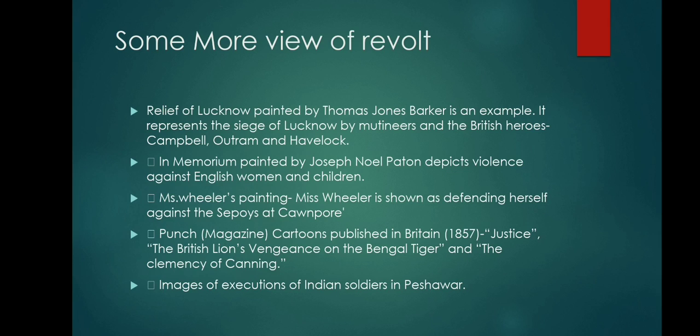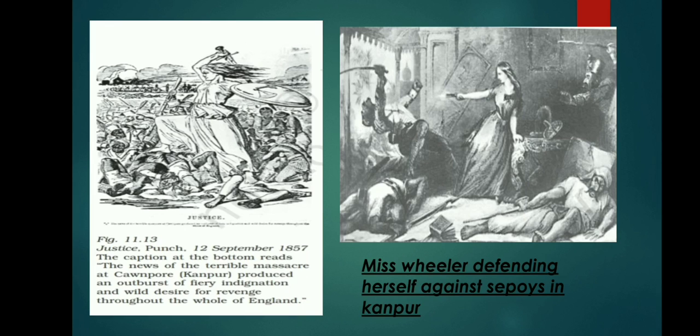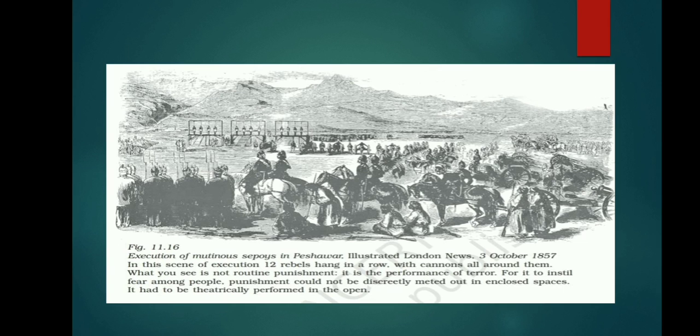The images of executions of Indian soldiers are also from Peshawar. After that, again some more pictures: Miss Wheeler defending herself against sepoys in Kanpur. That means through these pictures the Britishers have been made the saviors or the heroes. This picture is again telling us about the execution of mutinous sepoys in Peshawar.